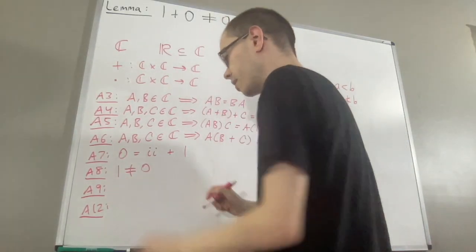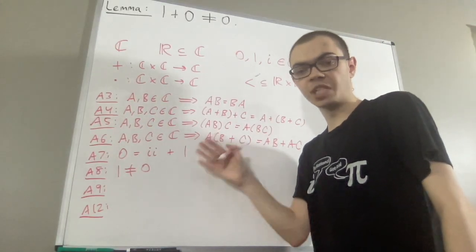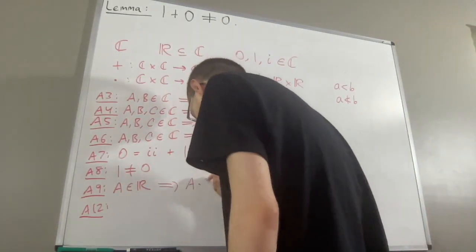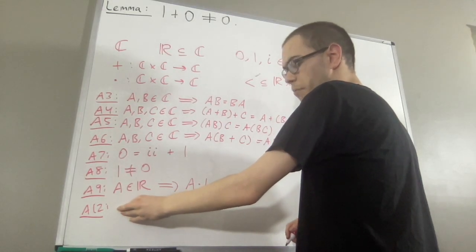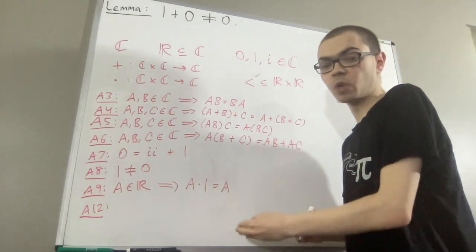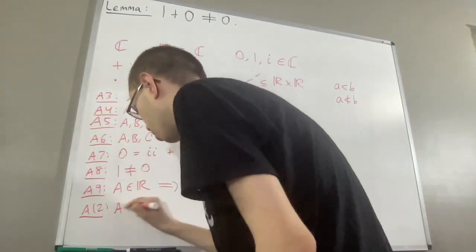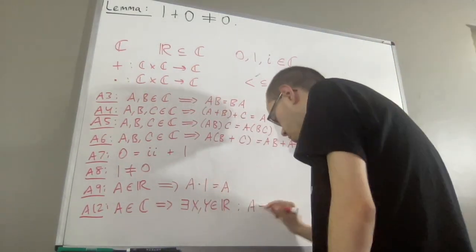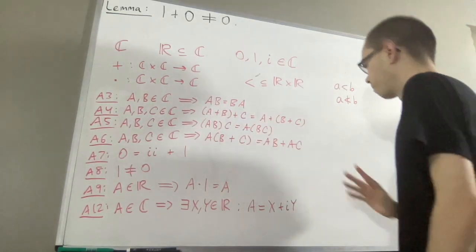Axiom 9 tells us for every real number a, a times 1 is equal to a. And axiom 12 tells us for every complex number a, there is a pair of real numbers, x and y, such that a is equal to x plus iy. Right? So this is what we're going to be using.